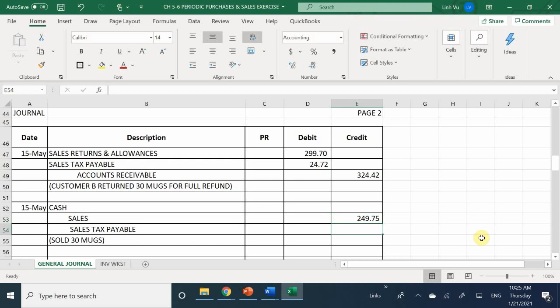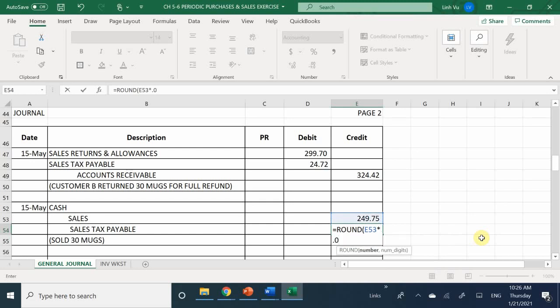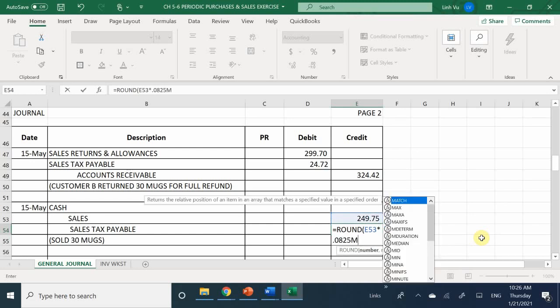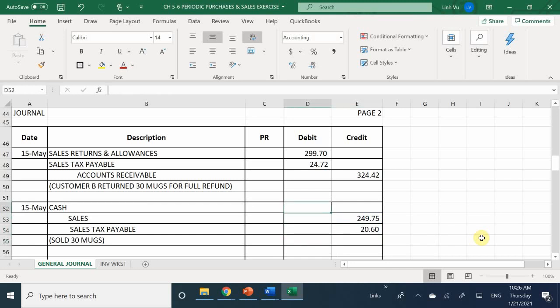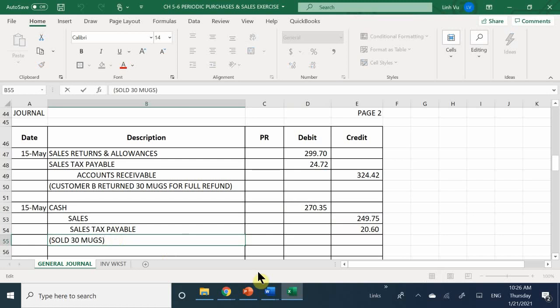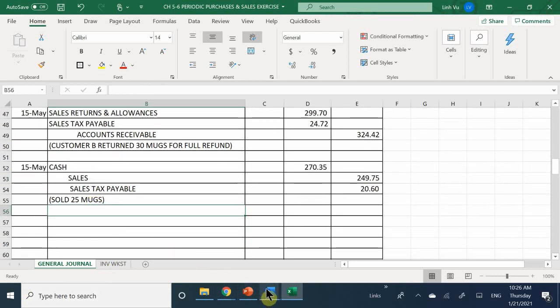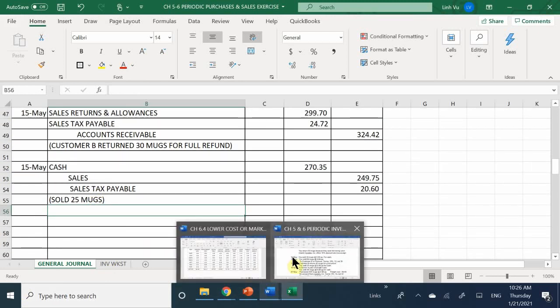How much tax is going to be on that? $20.60, giving us a total cash of $270.35. Good. All right, and then of course I'm going to adjust this little description here to say that I sold 25 mugs. Okay, good. So let's go ahead and see what happened next.